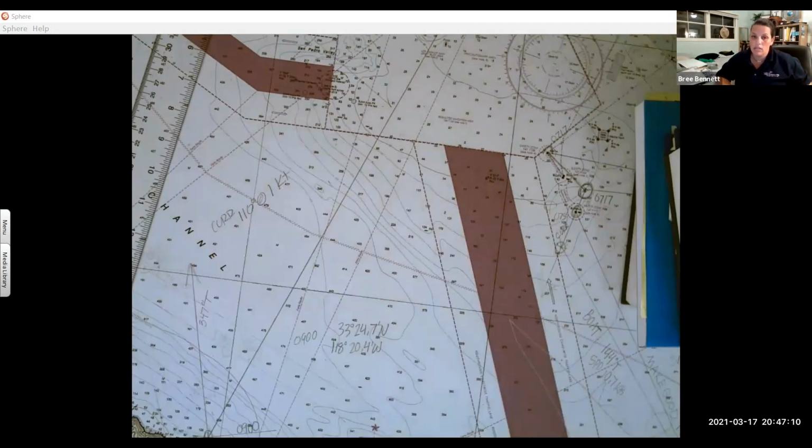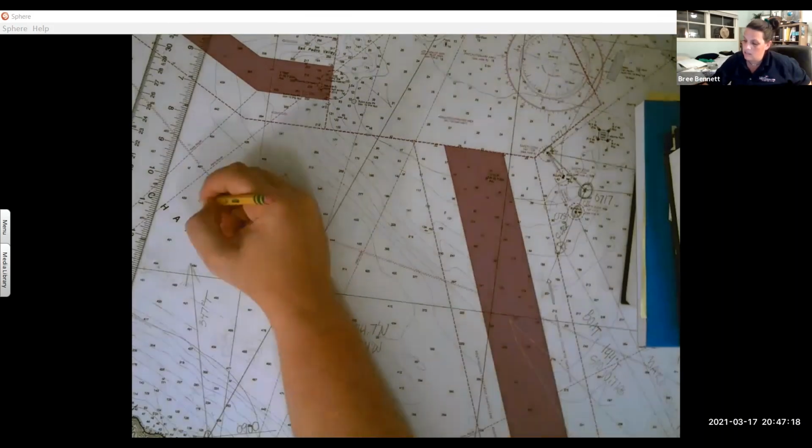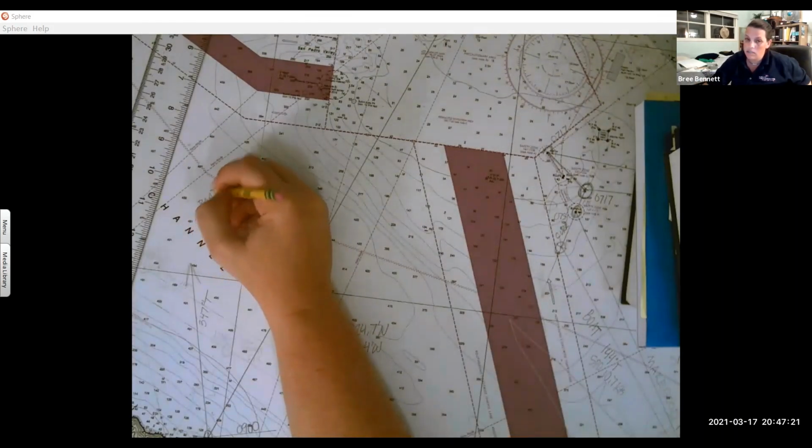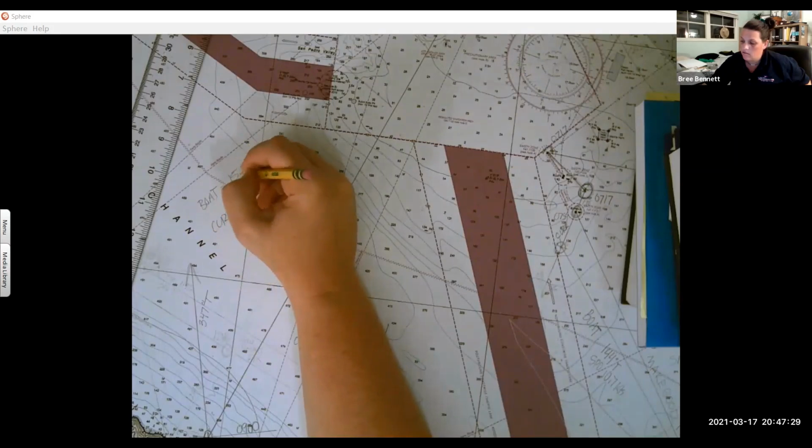So what is going to be my course to steer and my boat speed? My boat is going to be going 15 knots.